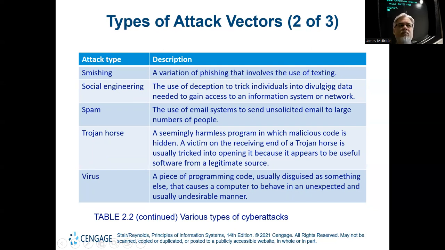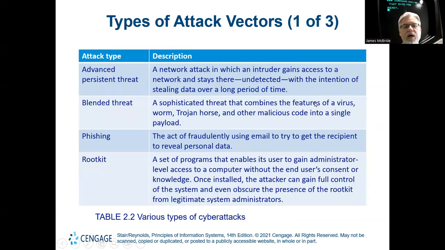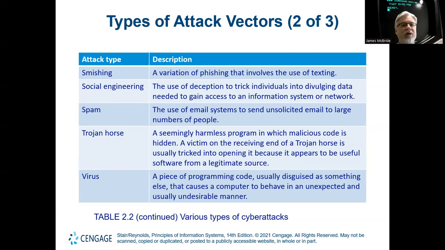So I wish they would just call it phishing. But it's called smishing. And then social engineering, actually trying to trick somebody into divulging data, which, when you really look at it, smishing and phishing are both types of social engineering attacks. But because they're so prevalent and they're used that way all the time, they have divided that down further.